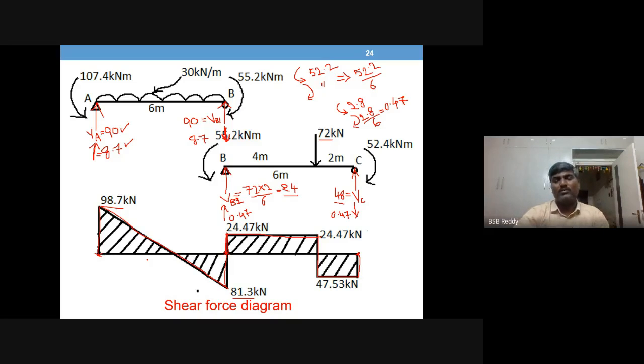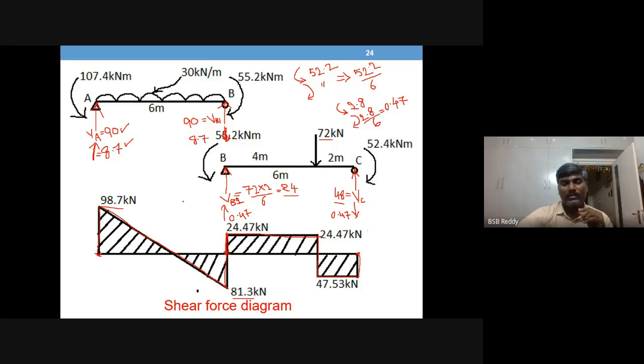This is what we have practiced very much in the slope deflection method. Again, we are doing the same practice here. So do refer to your slope deflection method lecture notes if you still have doubts about drawing SFD and BMD.